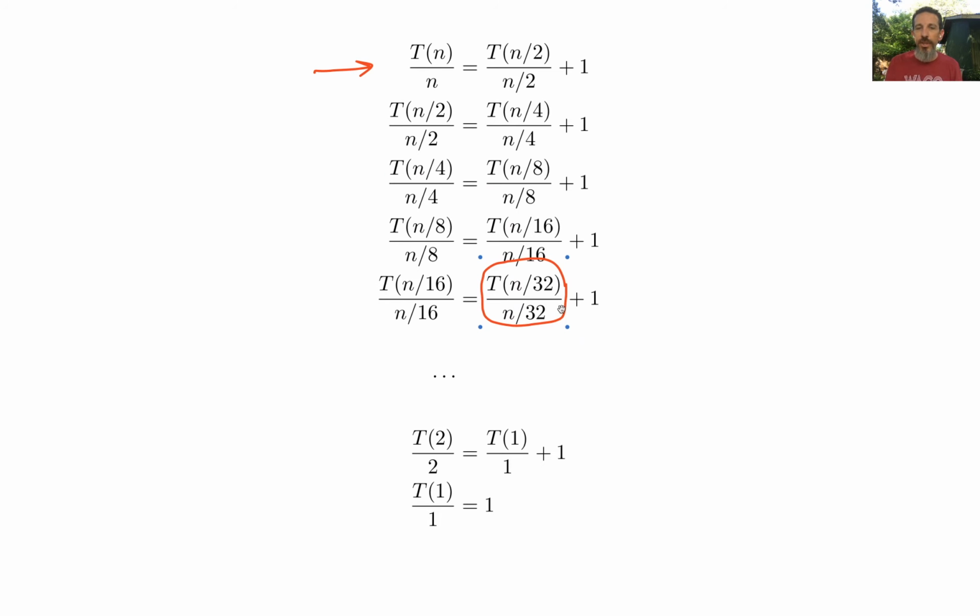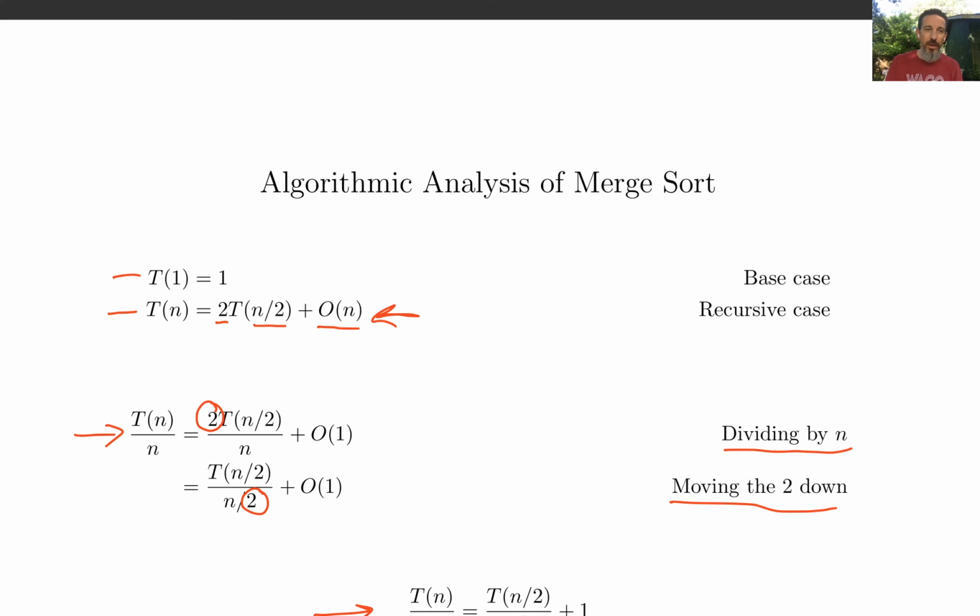Eventually, we're going to get to something where we have essentially n divided by n, right? The denominator eventually is going to get so large that we're going to have T(n)/n, which is T(1)/1 plus 1. And we know the definition of T(1)/1, that's just 1. And how do we know that? Well, because back up here, that's our base case, right? Right here. That's our base case.